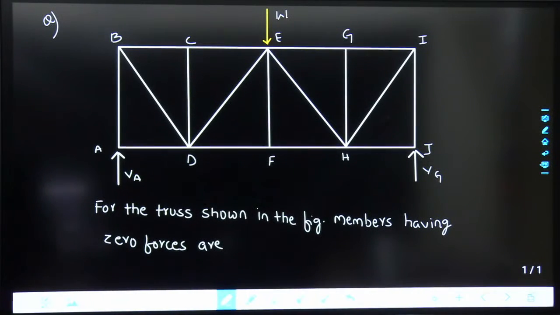CD, GH, EF. Being very fast. Good. You have given CD, GH, EF. Next. AD. Next.